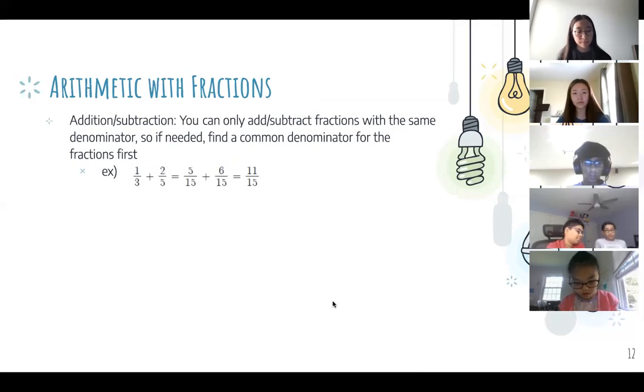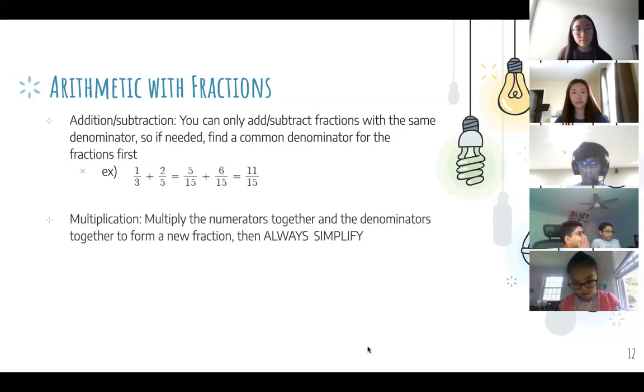To find the common denominator, you can use what we learned a few classes ago, LCM, right? The LCM of 3 and 5 would be 15, and then we can expand the fractions and then add them together, right?